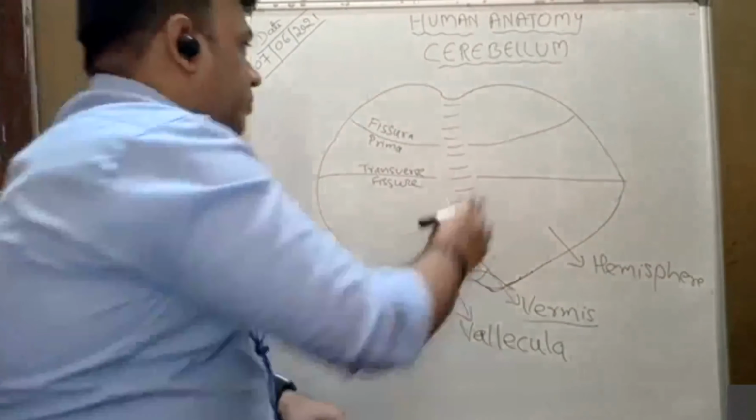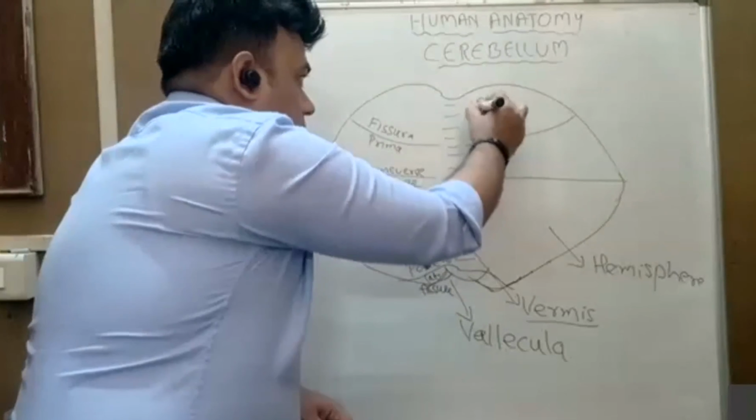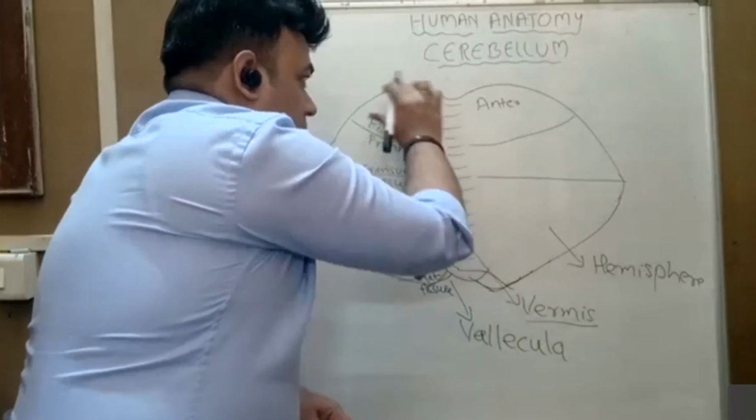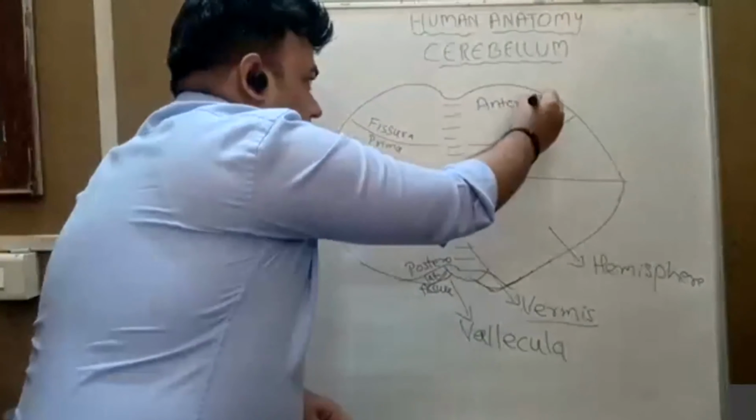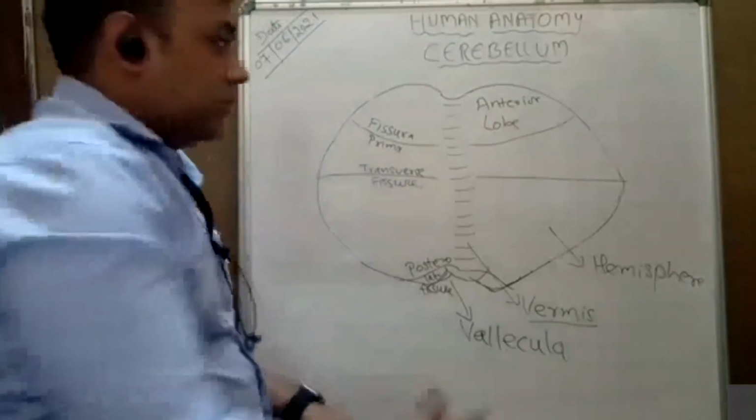So I will write it for you. That is the fissura prima. Now this lobe, the anterior lobe, you have to consider as a whole.